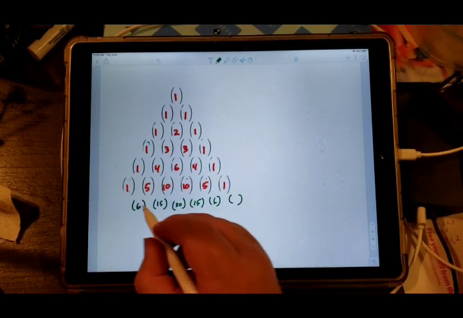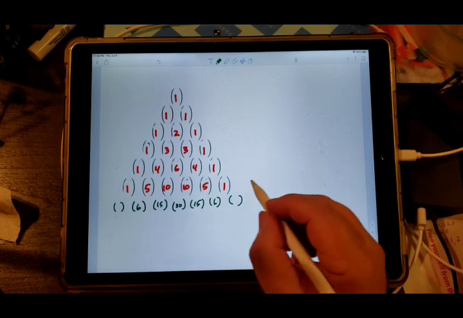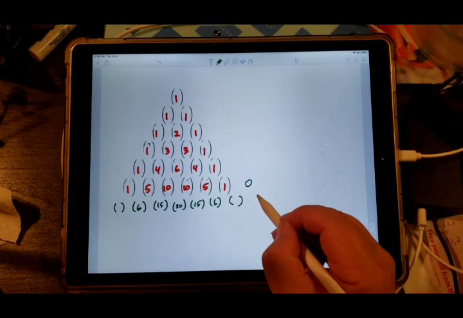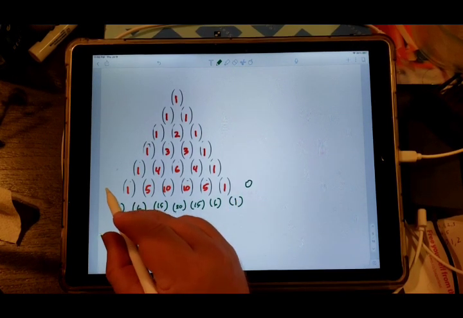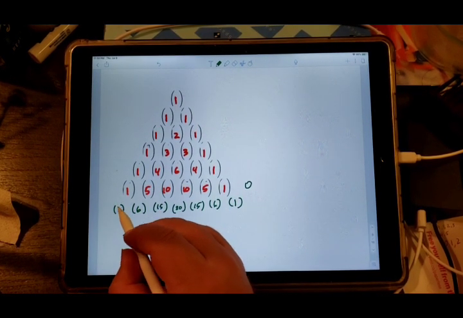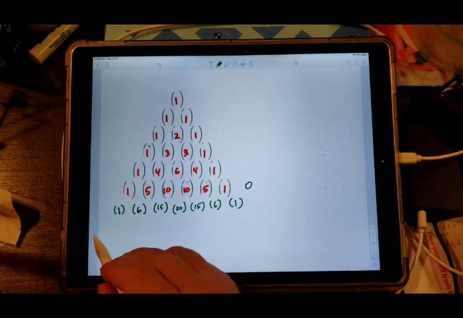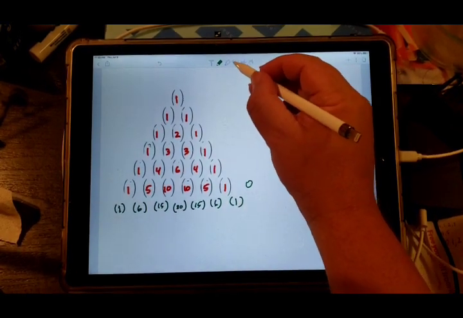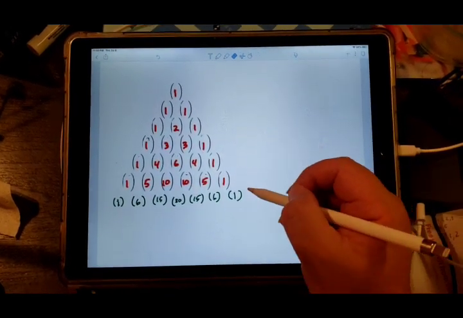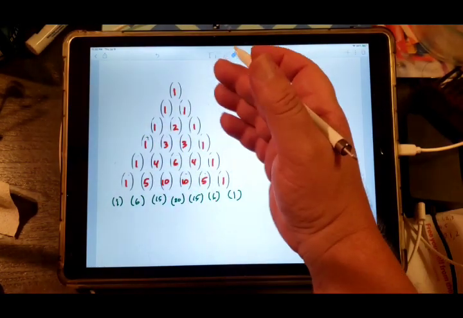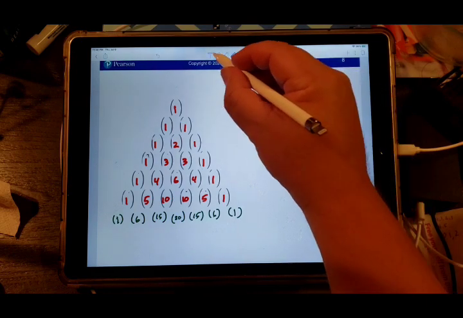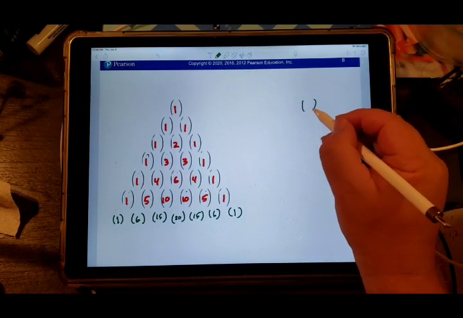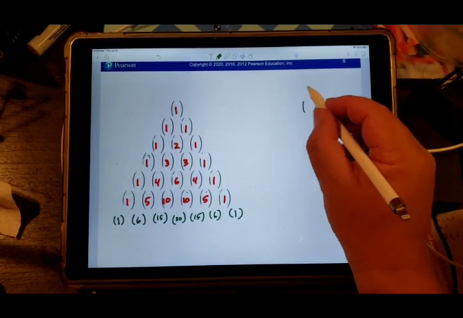Now, how about off to the side? I still want this triangle. Well, I like to think of there being an invisible 0 right here. So it's 1 plus nothing. And there's an invisible 0 off here. So there's 1 plus nothing. And if I think of it that way, I have an explanation even of how this thing starts. I've got to fill in with something.